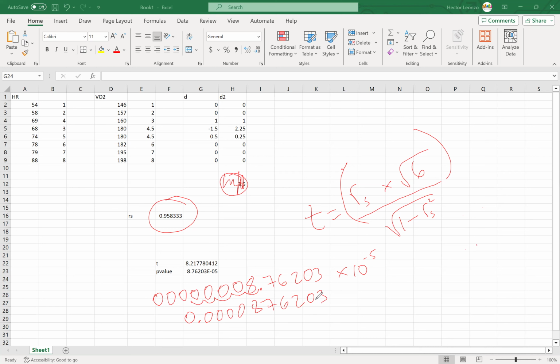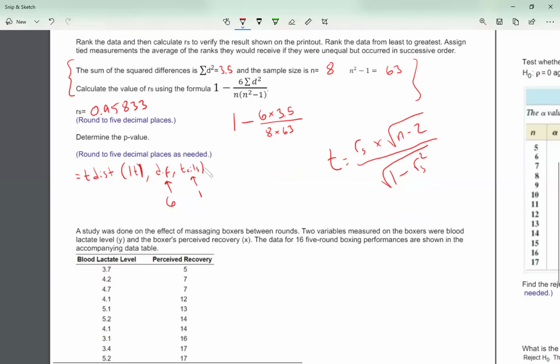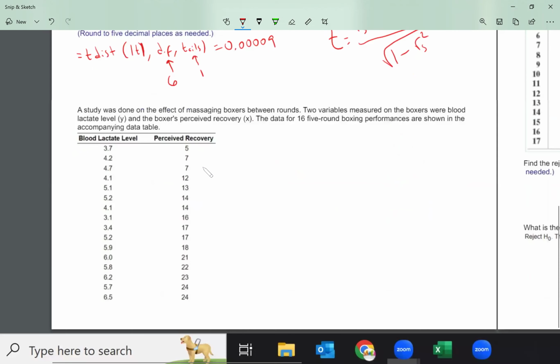Now I have to round it to 5 decimal places, so I'm going to call this 0.00009. Good, not bad.